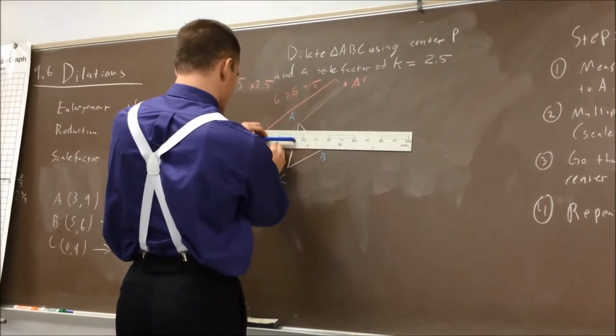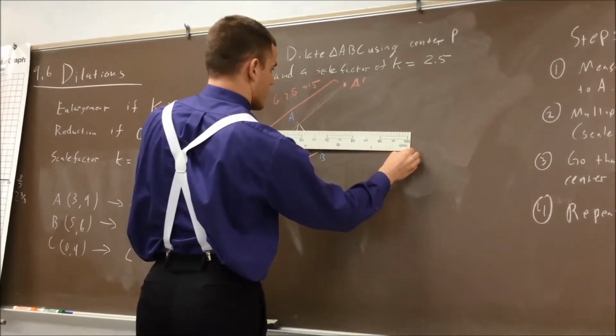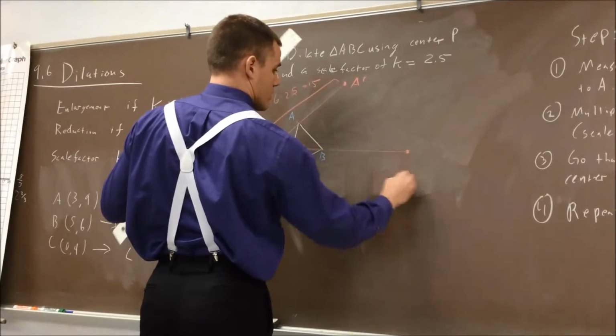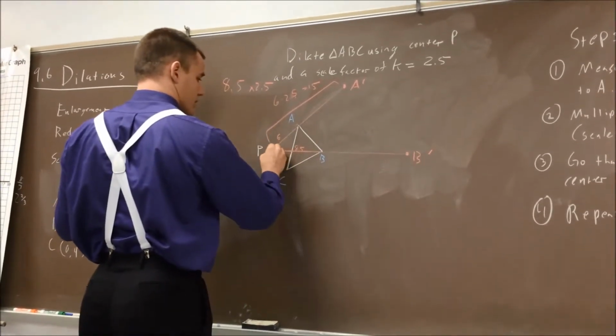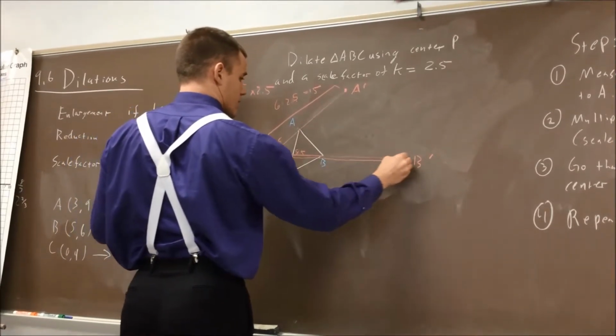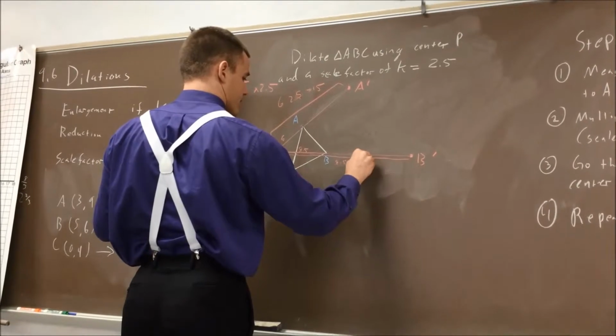So I go out here, 21.25, please. My math might be wrong there. I put B prime. So this whole thing out here is 8.5 times 2.5.